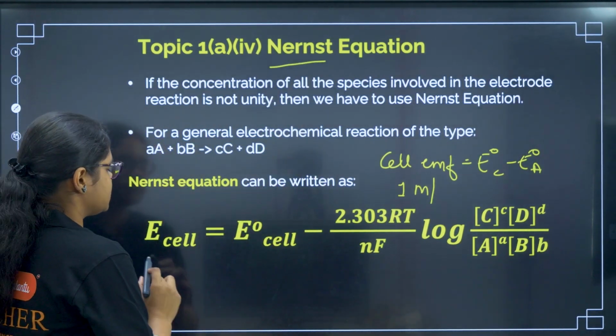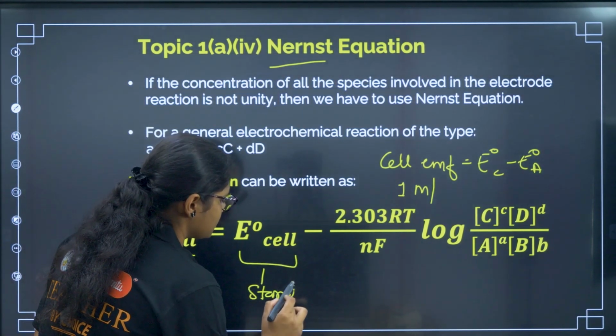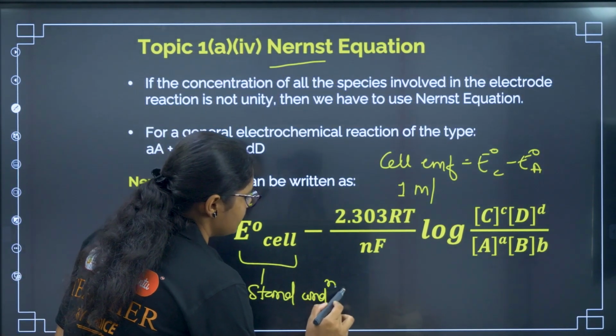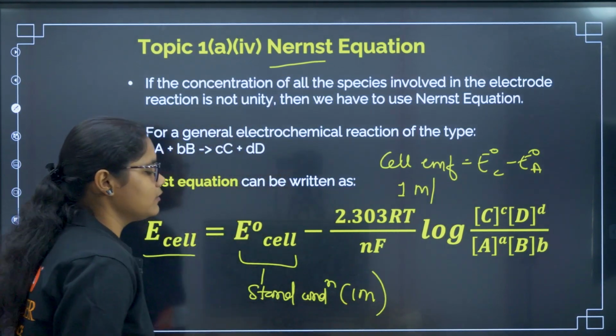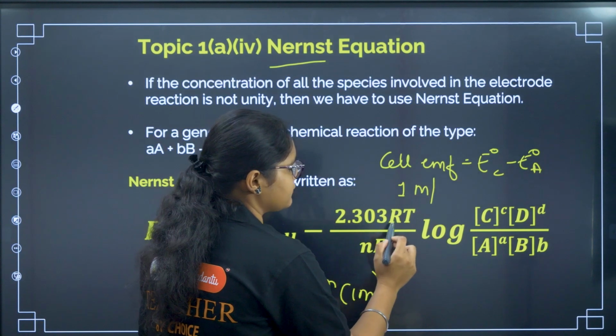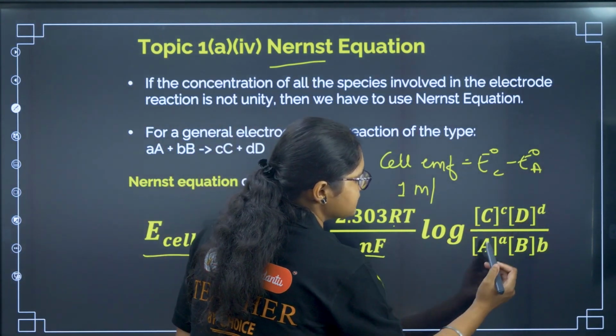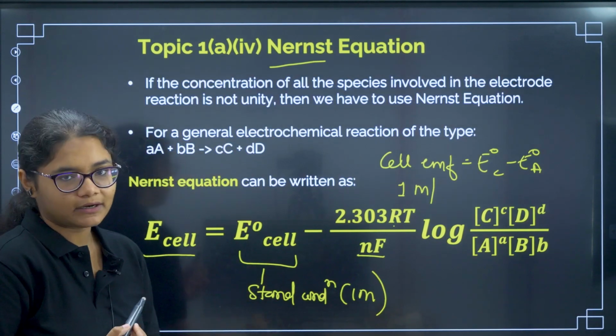So what is the formula of the Nernst equation? E0 of the cell is under standard conditions, that is, electrolyte concentrations are 1 molar. So E cell is equal to E0 of the cell minus 2.303 RT by nF log of concentration of the products divided by concentration of the reactants.